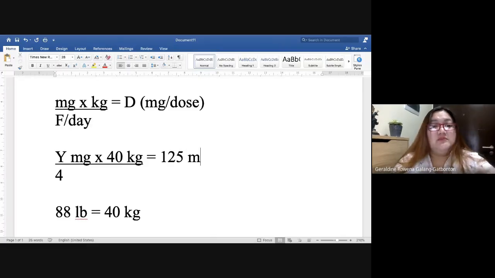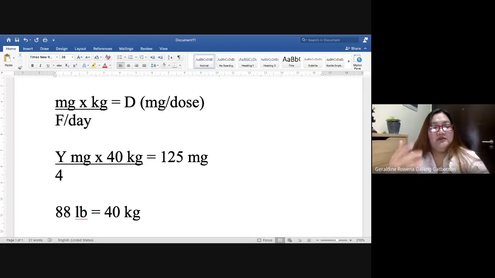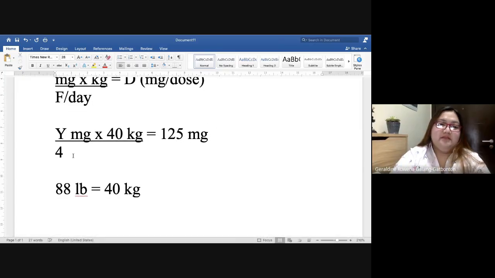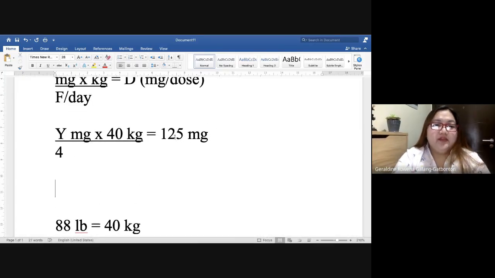So 125 mg. So, ito na yung importante sa mathematics ninyo, yung mga algebra. Okay? Basta't meron ditong equal sign, pwede mo siyang i-cross multiply. At silang dalawa dito, ganun din, multiply.